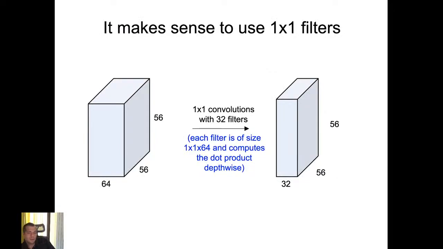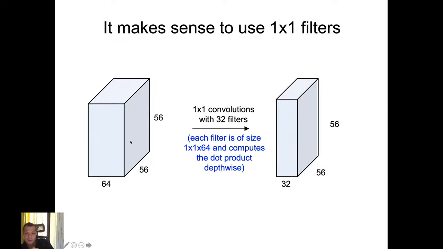Okay, one observation. In many neural network architectures, you will see convolutions with 1x1 filters. This makes complete sense because these filters also apply on the entire depth of the input tensor.